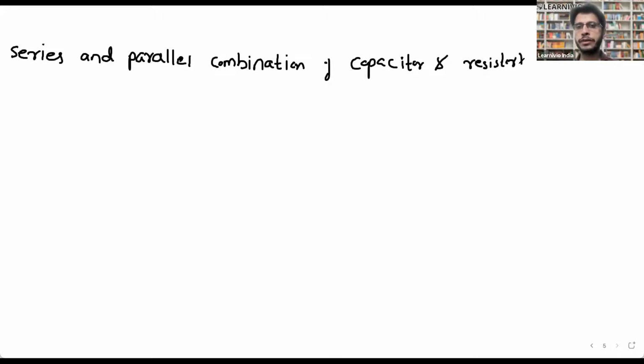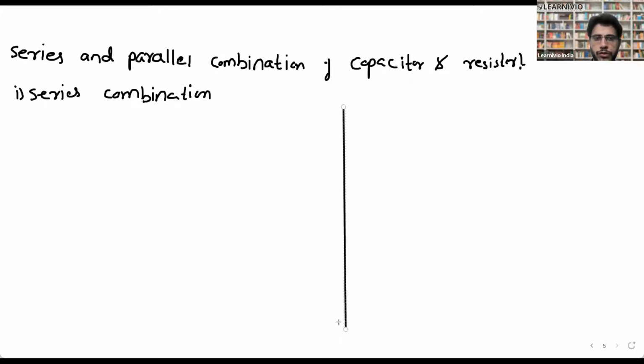So we will be doing resistor and capacitor simultaneously. First, we will do series combination. So along with resistors, a major part of chapter number 3 will be finished, because in chapter 3, you have series and parallel combination of resistors.